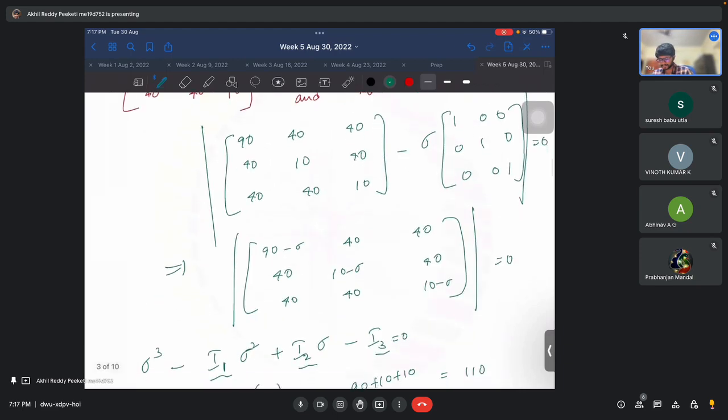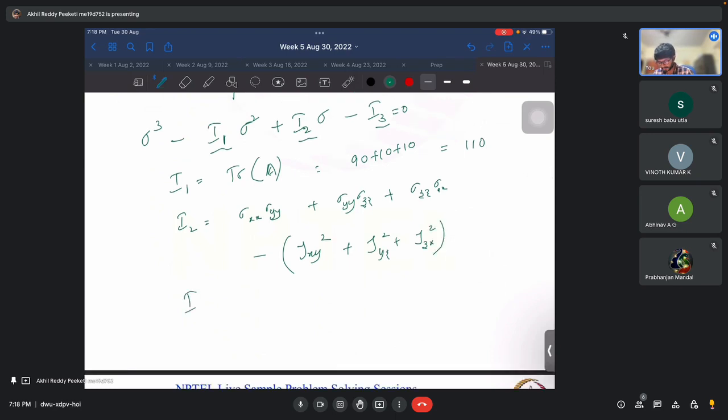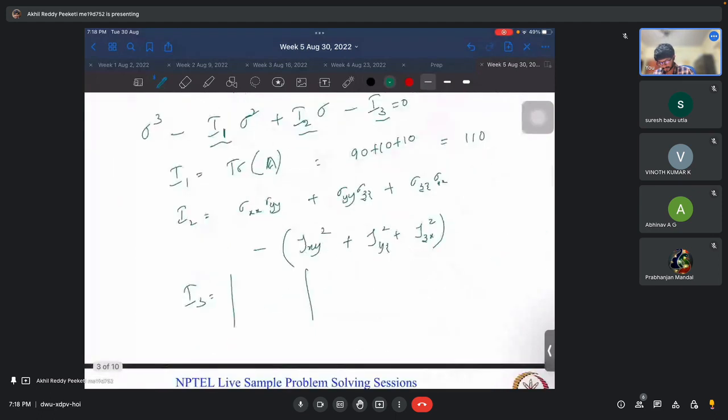Let me check the exact formula. It is the sum of the products of diagonal pairs minus tau xy square, minus tau yz square, minus tau zx square. Okay, this would be the second invariant, and the third invariant would be the determinant of A.